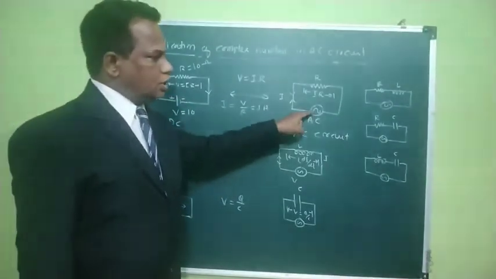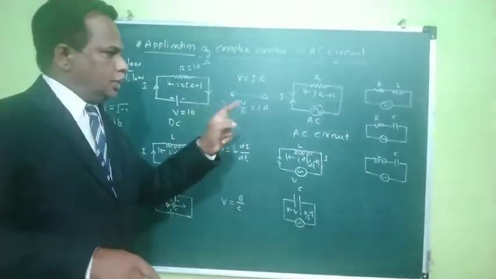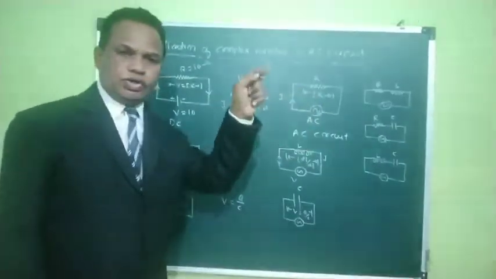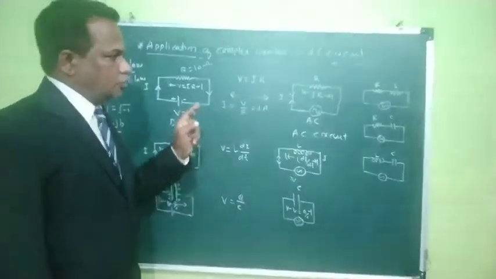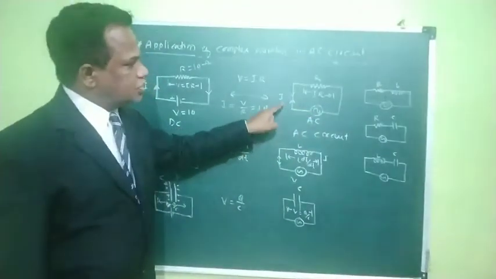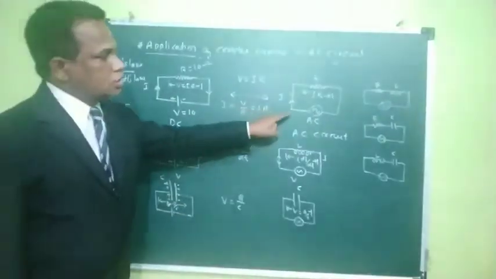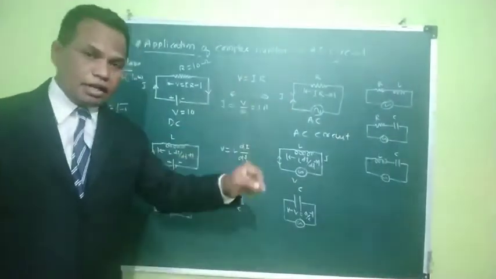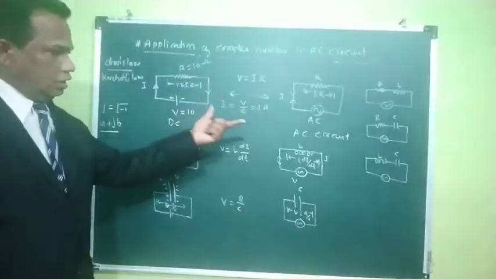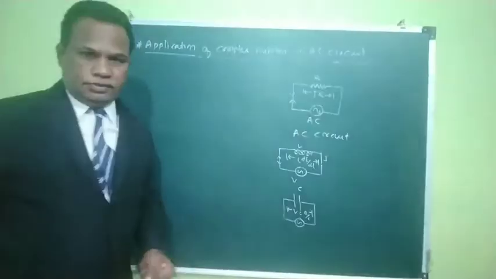But if you consider AC, then there are fluctuations, positive and negative cycles, which means it has a frequency. With respect to frequency, the current changes, and therefore the change in current with respect to the input voltage can be judged by using complex numbers.